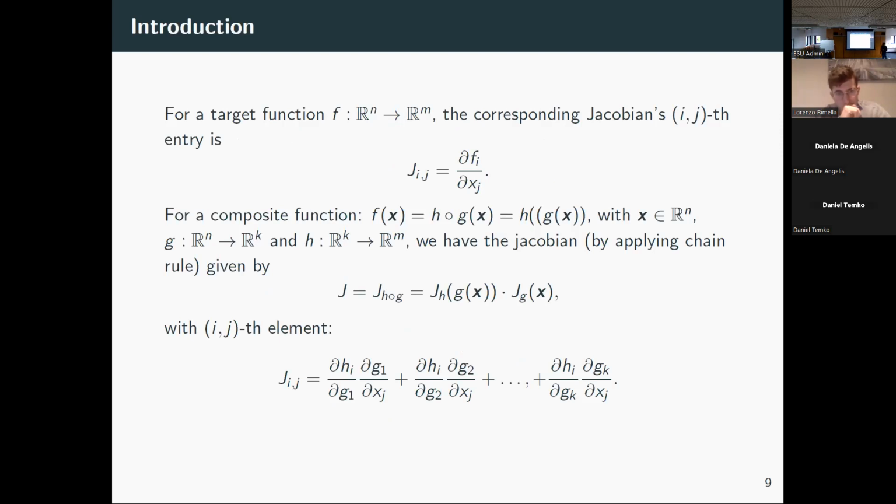Consider a function from an n-dimensional input space going to an m-dimensional output space. What we want to do is calculate the Jacobian, right? Now think of this function as a composite function. So obviously, just apply the chain rule. You can apply the chain rule to calculate the Jacobian.